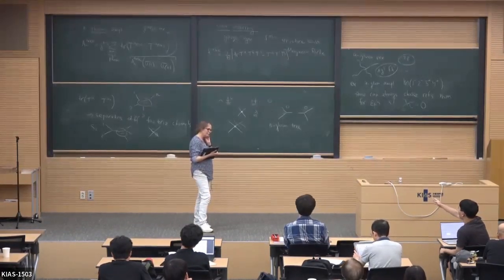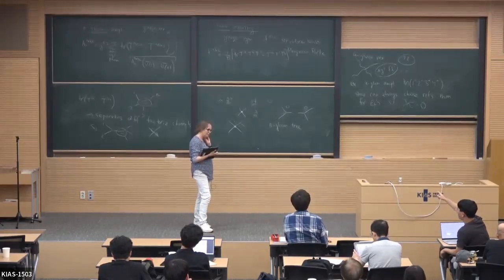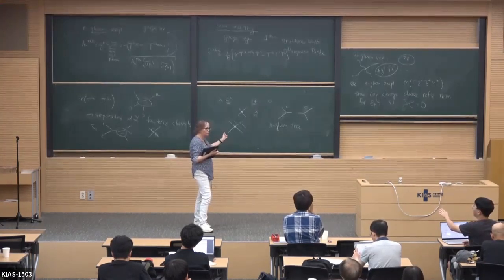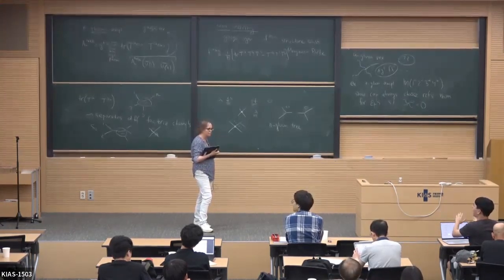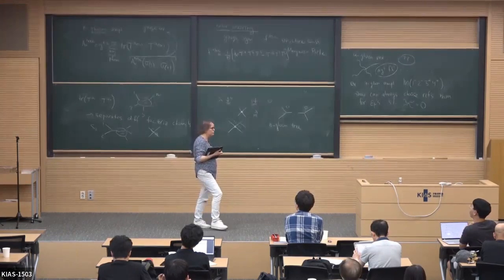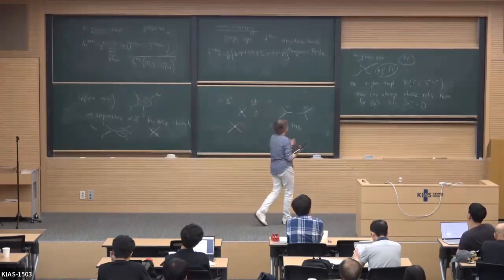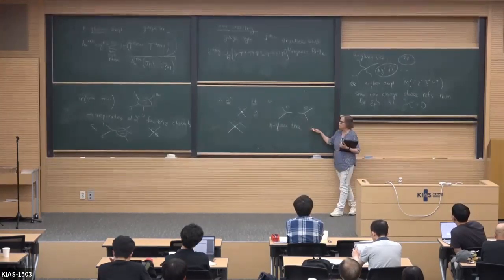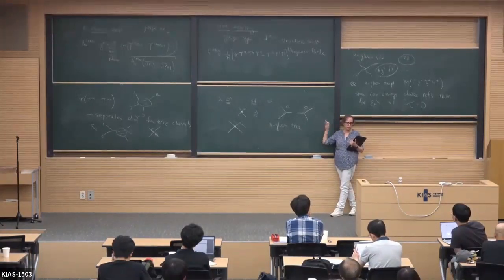You showed us the 5, 4. Yeah, it cannot be factorized, in this case. But in general, there are things that cannot be factorized. So I can write down some EFT operator that involves 10 fields.